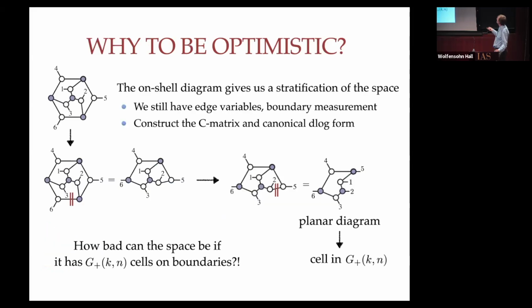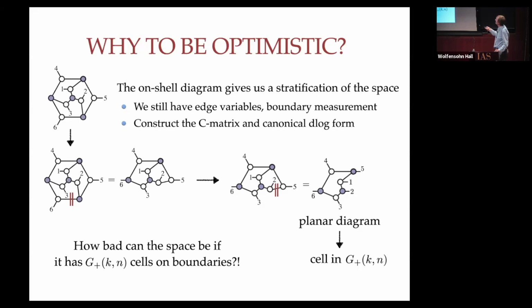Now, the reason to be optimistic, maybe this is just wishful thinking: if we think about this non-planar graph as a geometry, using the boundary measurement as some sort of object in the Grassmannian, no longer positive, and we go on the boundaries, setting some h variables to 0, we can still use h variables here. Eventually, we hit a planar diagram. For example, for this one, you have to erase 2 edges, and you get a planar diagram, which corresponds to a cell in the positive Grassmannian.